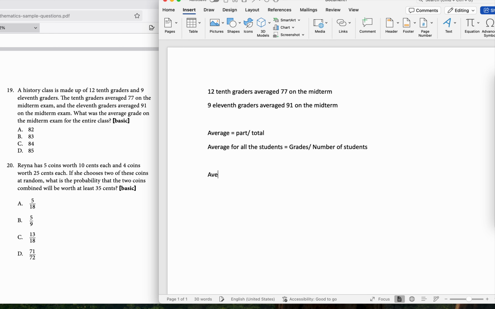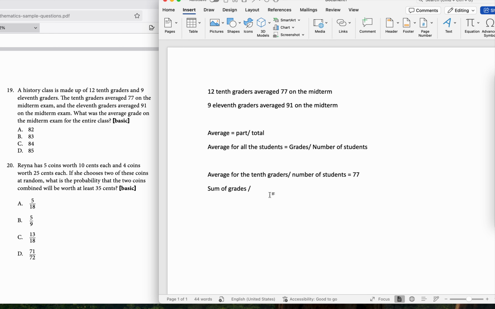So the average for the 10th graders is 77. You get that average from the grades all added up, so the sum of the grades, divided by the number of students.